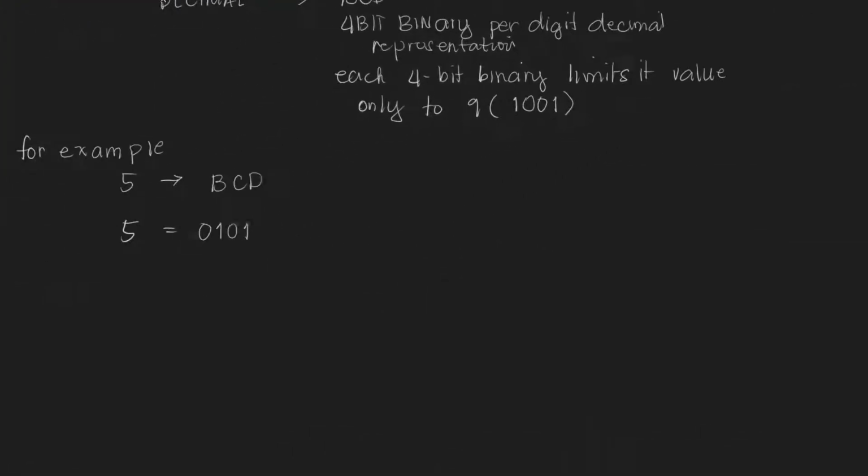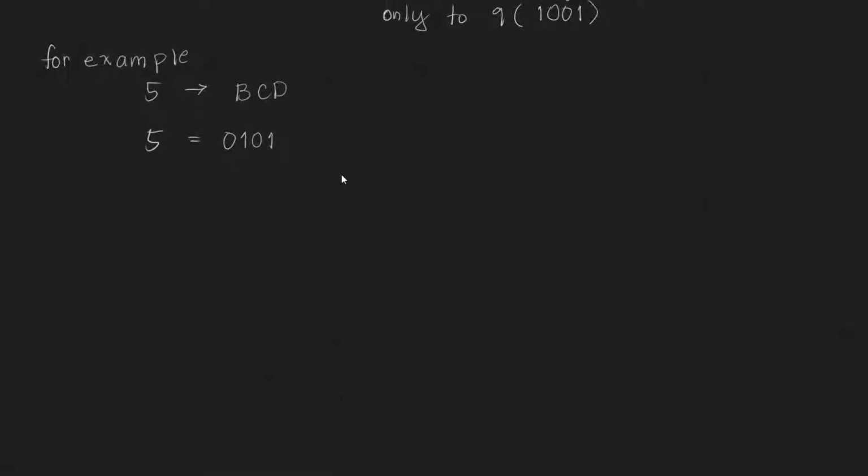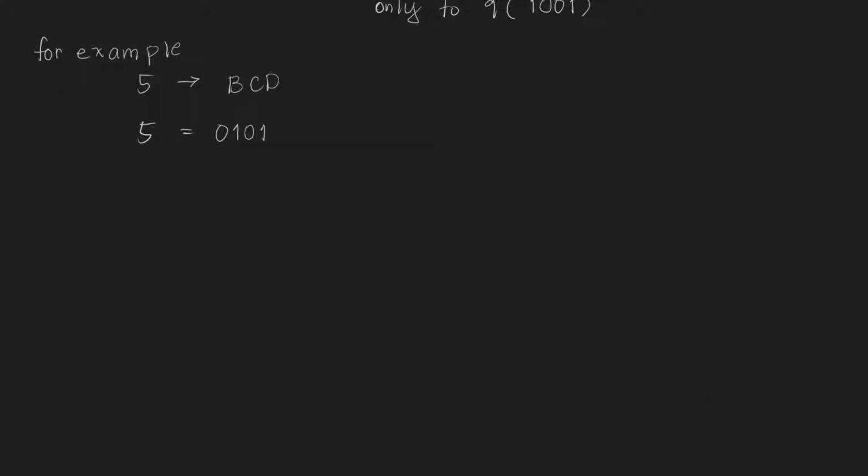If we have two characters, then we should also write per character, per digit, into an individual 4-bit binary number. Example, let's say letter A and then letter B, we have 11. Convert that into BCD.